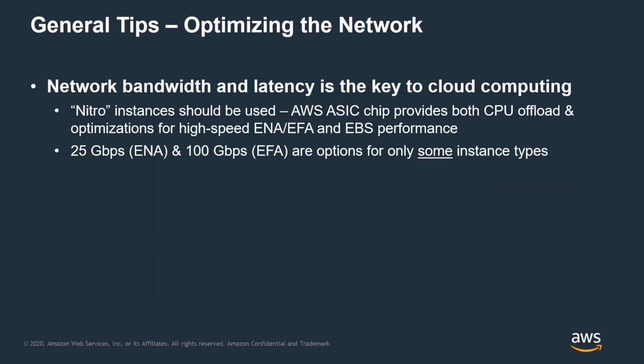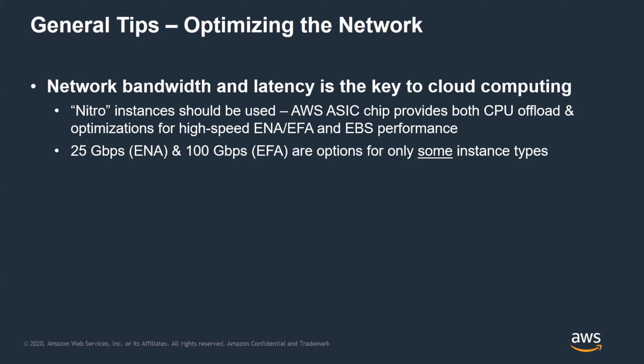So if you've got databases that have a lot of concurrent connections, thousands, tens of thousands of connections, you're going to want to use these Nitro instances, right? Most of the more modern instance types are Nitro based, but it's really important to get that high level of network bandwidth, low network latency, and high throughput on the storage side.